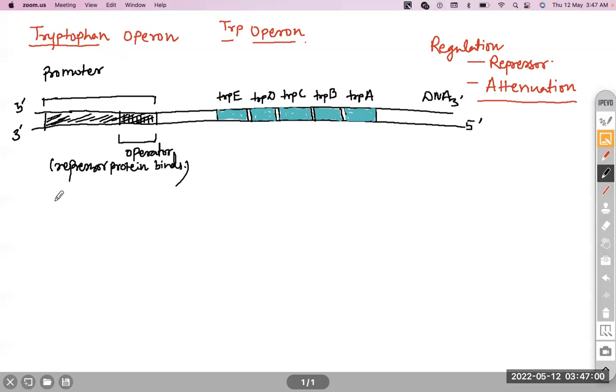And this is taken from E. coli bacterial genome.